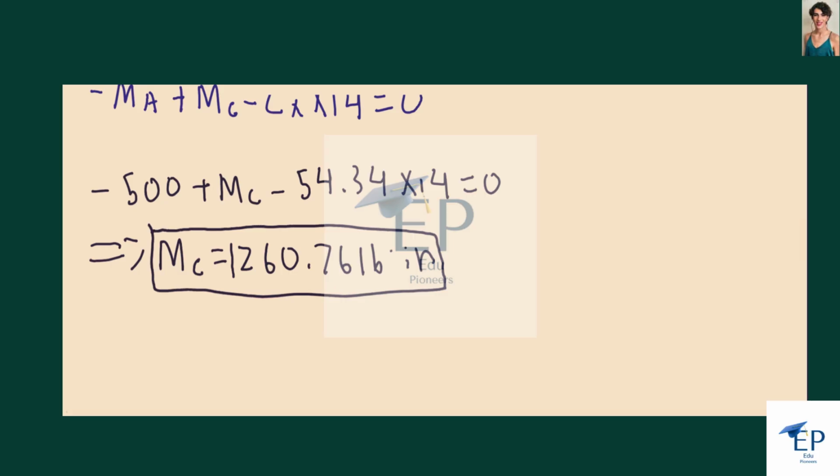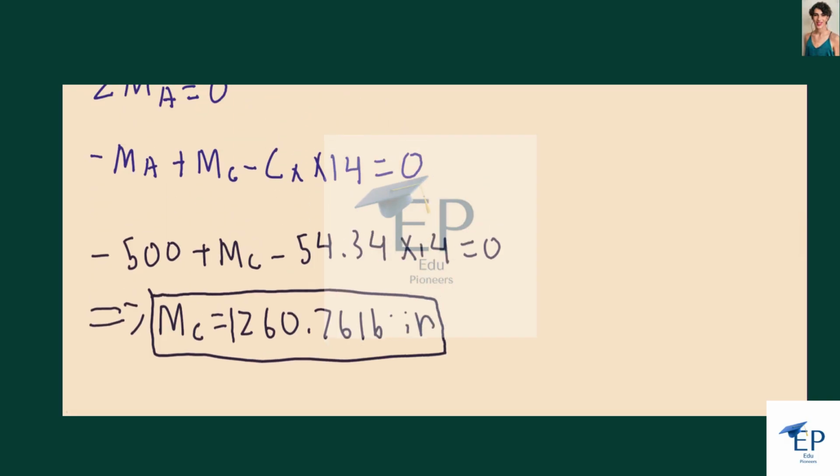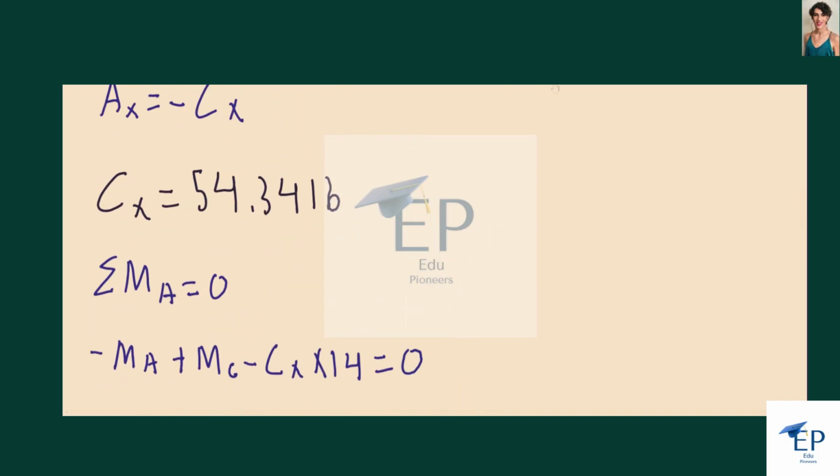Now for part B, we're going to find the reaction components at point C. And notice that we've already solved for the x component. So all that's left now to solve for is the y component.